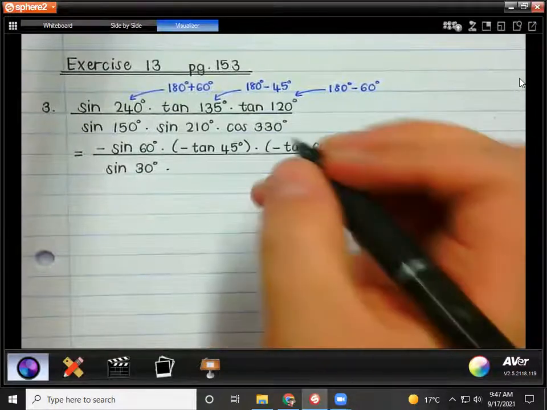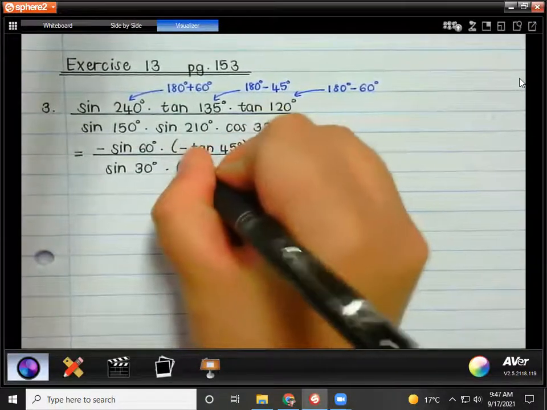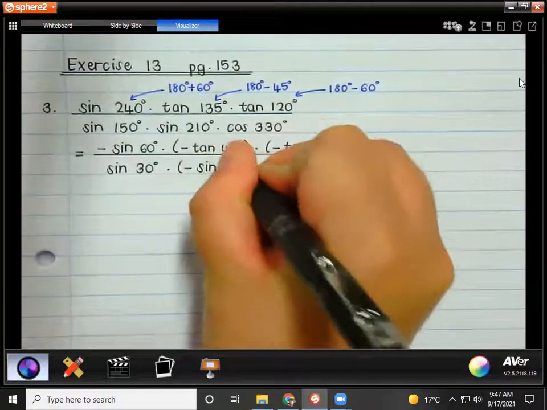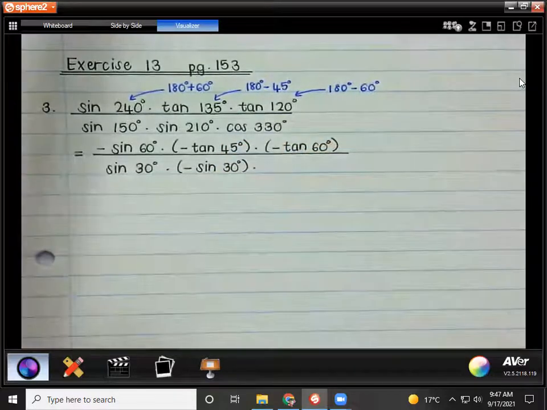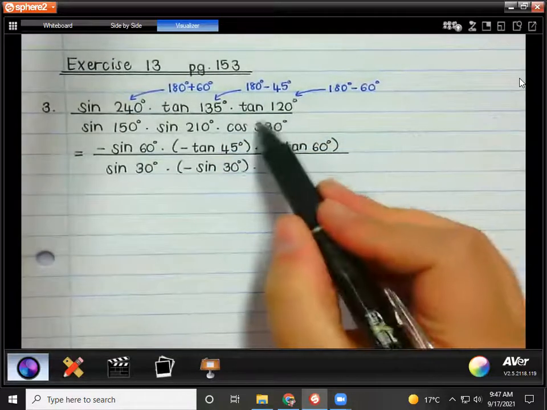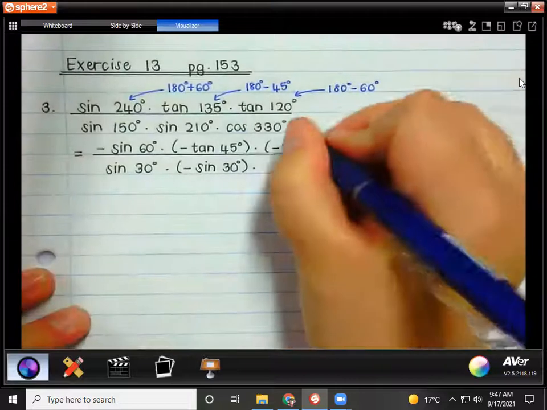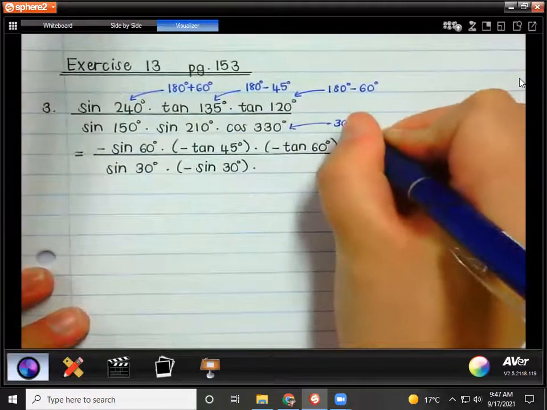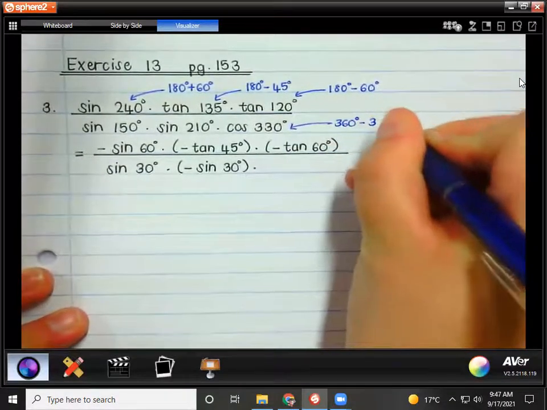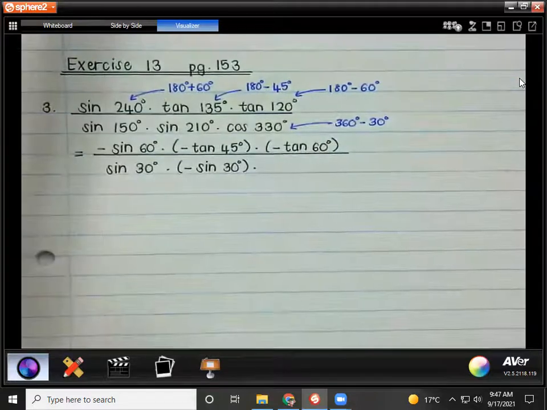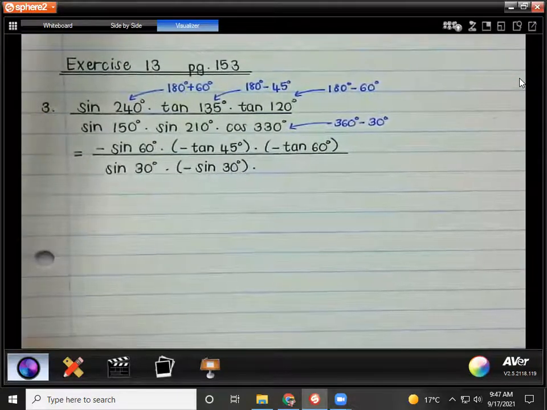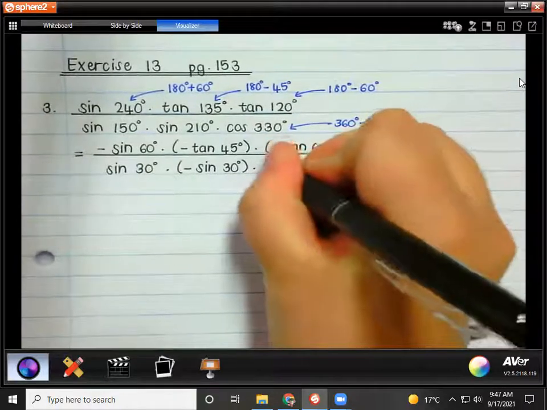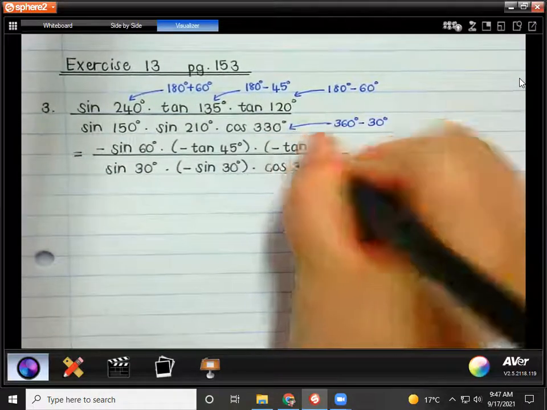What is sine in the third quadrant? Negative. So negative sine 30. 330, I'll write that one in. 360 minus 30. Fourth quadrant, what is cos in the fourth quadrant? Positive. So this is positive cos 30.